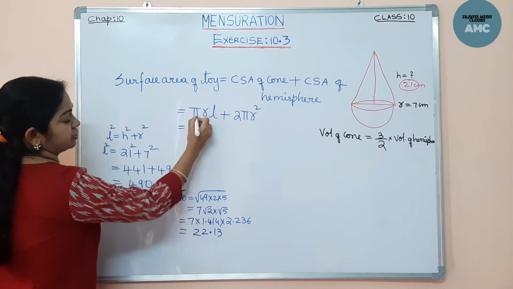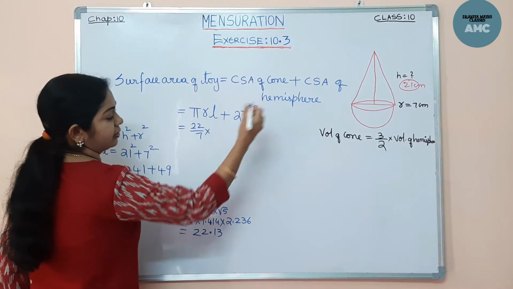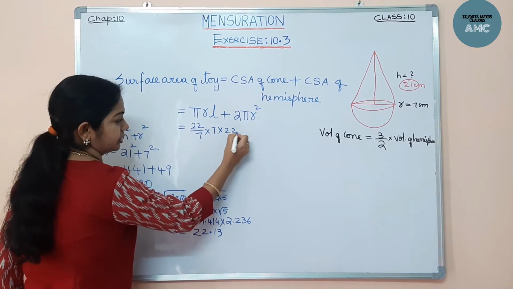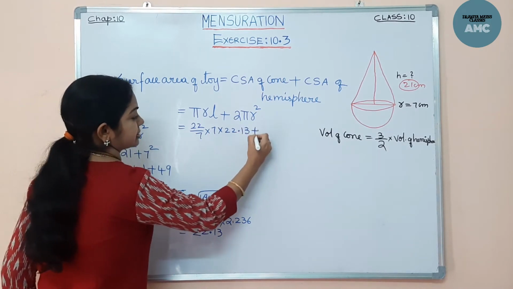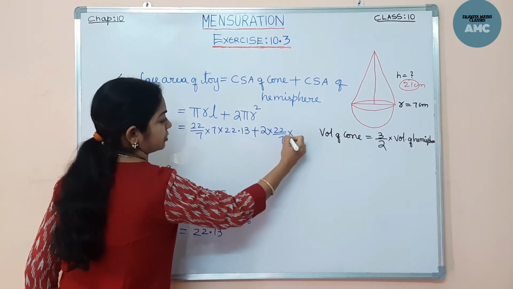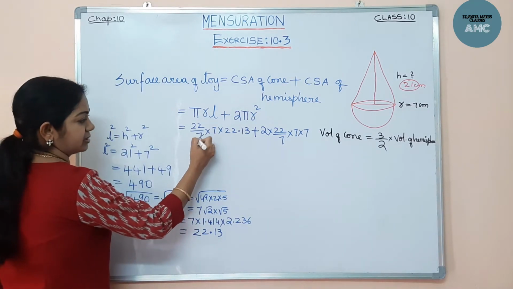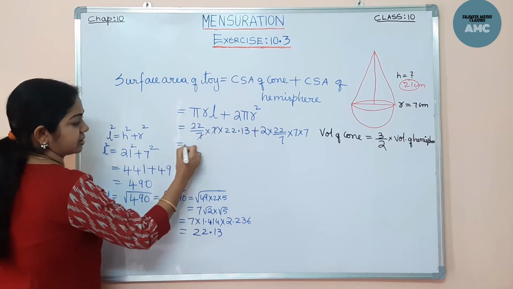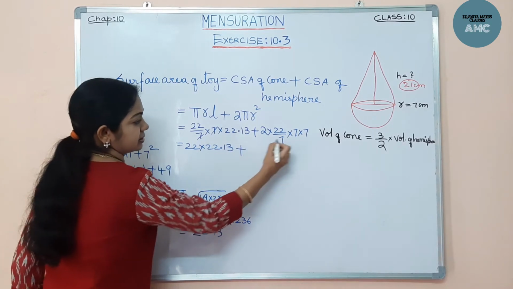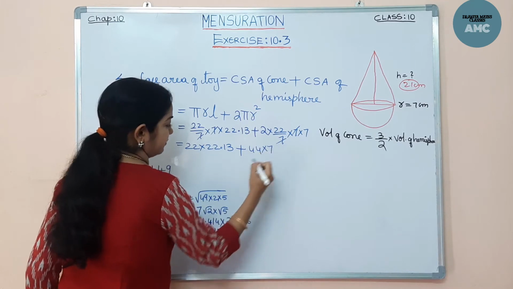Now we will substitute the values here. 22 by 7 into R value is given as 7, and we know the L value, that is 22.13, plus 2 into 22 by 7 into R square, so 7 into 7. So we can cancel 7 and 7. This comes to 22 into 22.13 plus, 7 and 7 cancel, 44 into 7.